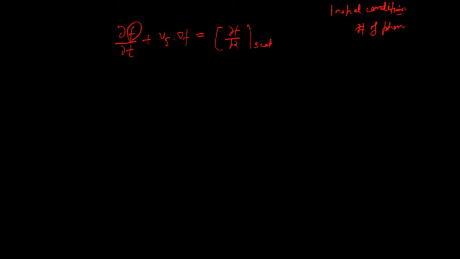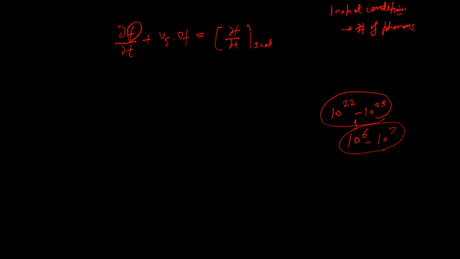What we found was that the number of phonons was actually quite large, so we had to reduce their number by finding some effective factor, whatever we could simulate. The number of phonons came out to be of the order of 10^22, 10^23. Of course, we can't simulate that many. So we decided, okay, we would go with 10^6 or 10^7. So we found an equivalent factor which we multiplied.